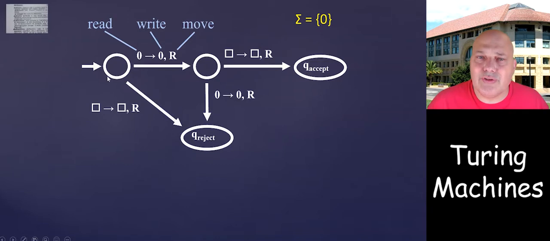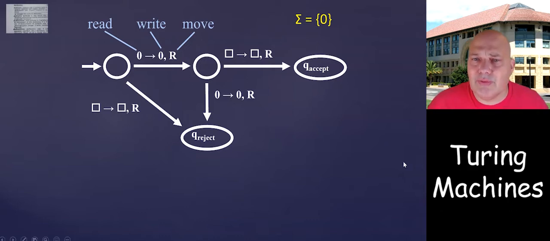And given that you're in a state and you read a particular symbol, you will have a transition labeled on this edge that says what you're going to write and whether you're going to move the head to the right or to the left. So for every state, and given anything that you read, you need to tell me what you are going to do. And what you are going to do is whether you're moving to the right or to the left.